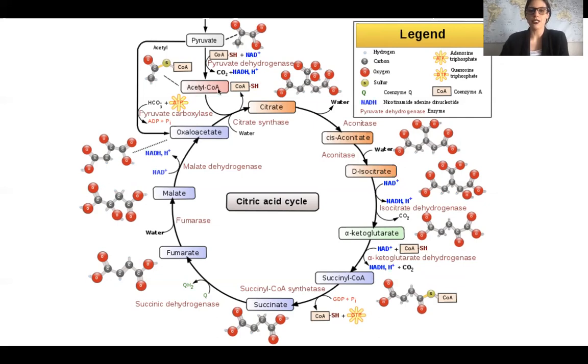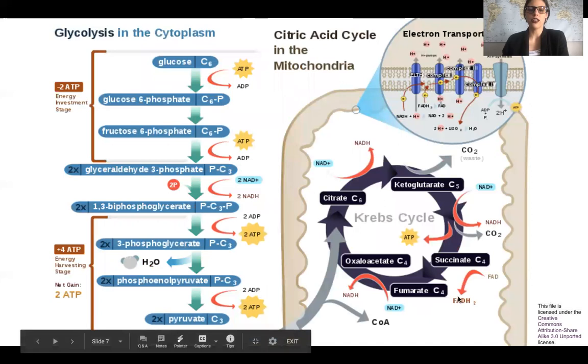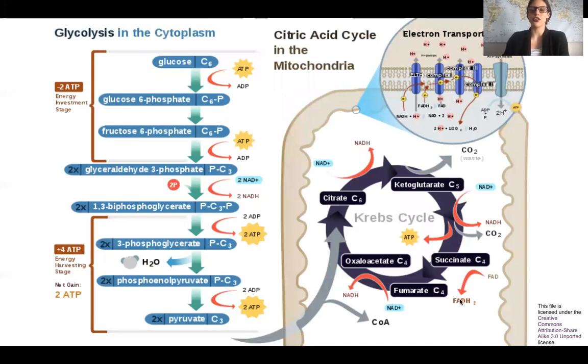So we have the citrate molecule here, and then through a series of reactions, we're going to get the end result of more ATP, or in other words, more energy. Two other important products that we will be taking a look at are the NADH molecule and also the FADH2.